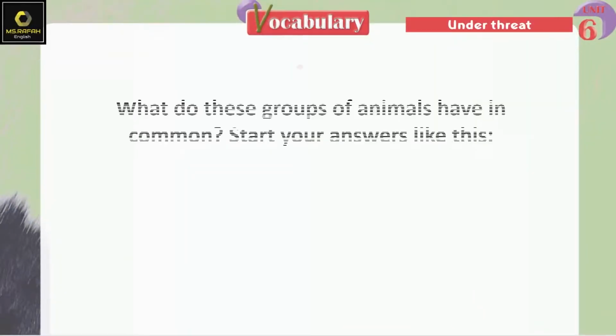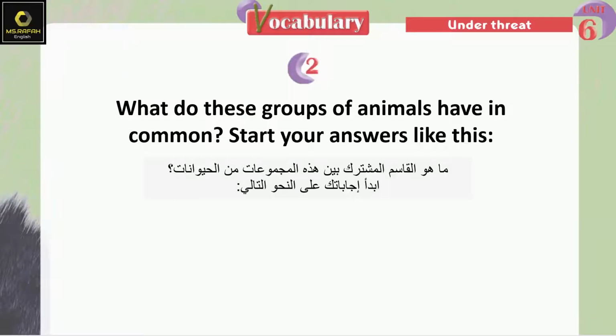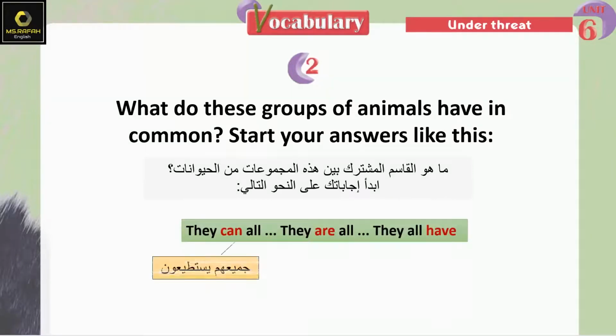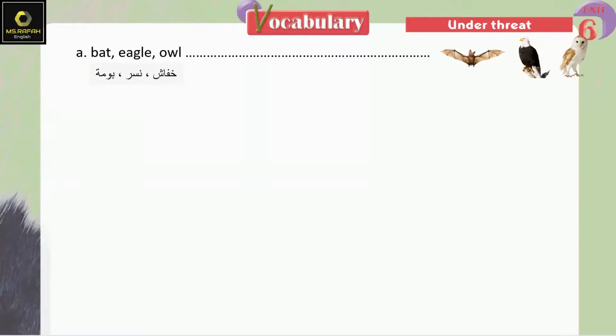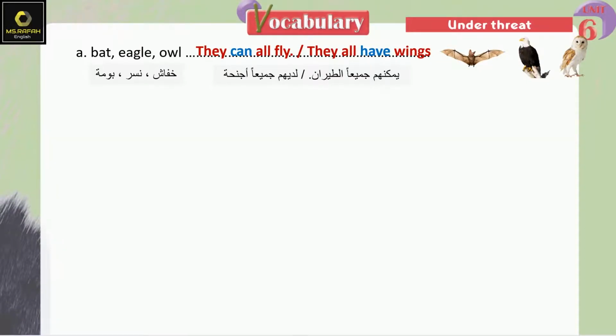Question 2. What do these groups of animals have in common? Start your answers like this. They can all. They are all. They all have. Bat, eagle, owl. They can all fly, or we can say they all have wings.